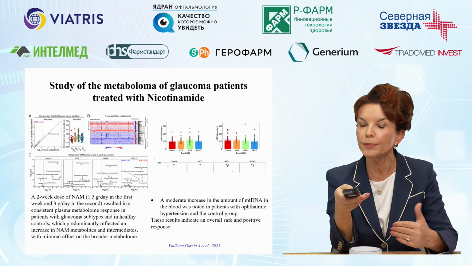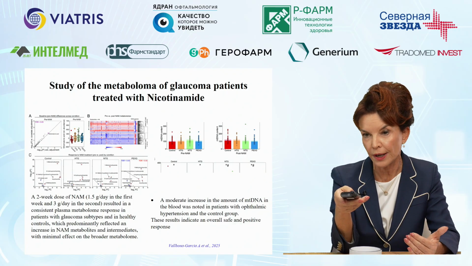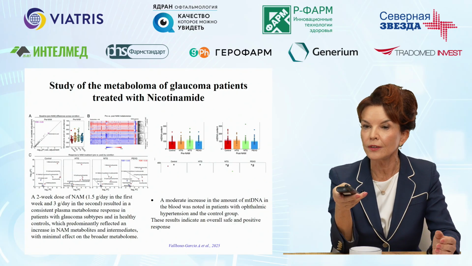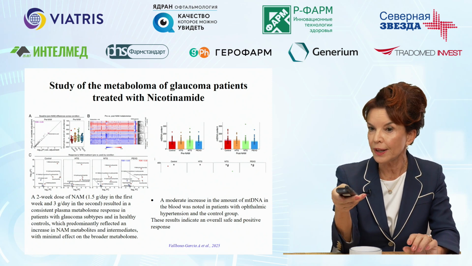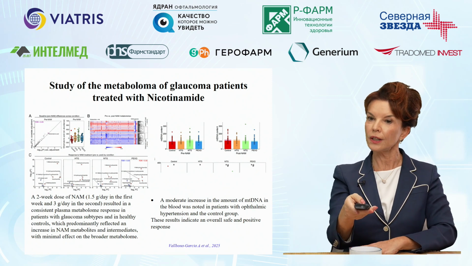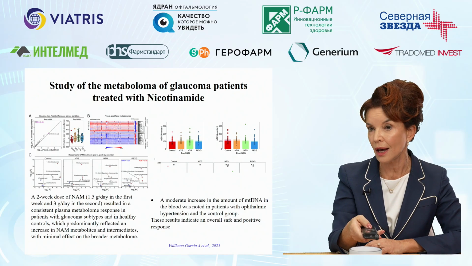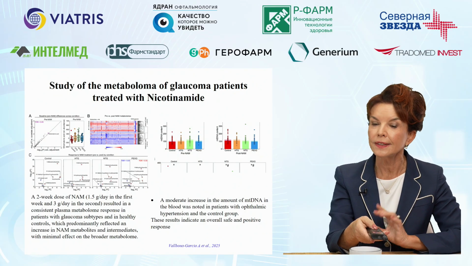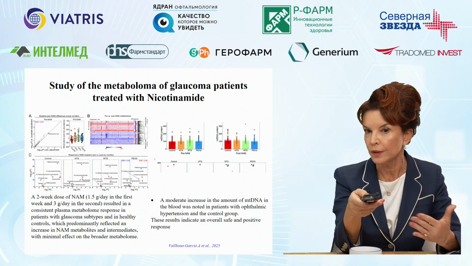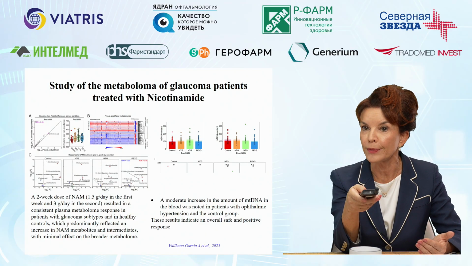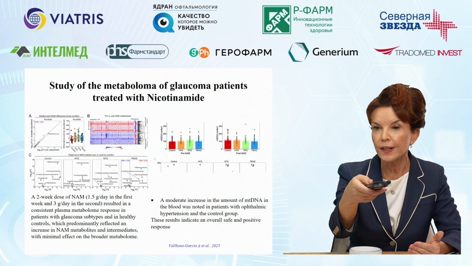After 2 weeks, the metabolomic profile was studied, and there were positive changes. Moreover, there were patients with hypertension, with different types of glaucoma, and there was even a moderate involvement of mitochondrial DNA in the blood of the patients, but not in case of glaucoma over this short period of treatment.